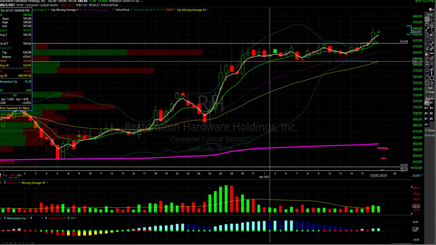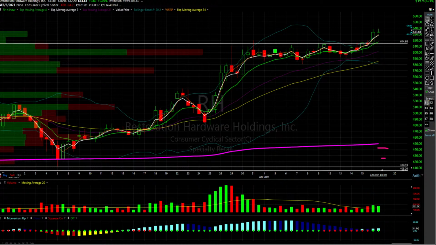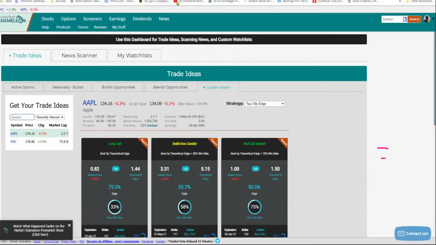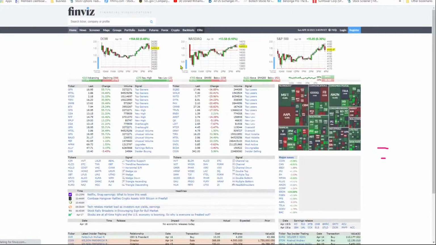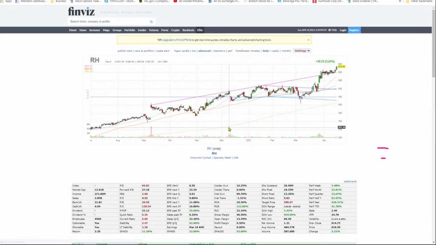And then to top it off, how many $600 stocks that are at all-time highs do you know that have a short float of 13.3%? I don't know very many stocks that are at 600 plus dollars all-time highs that have that high of a short float.